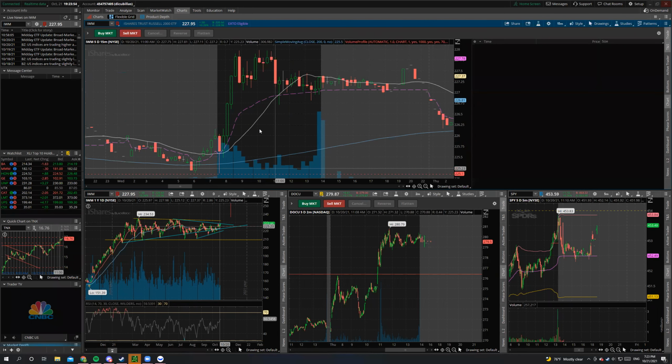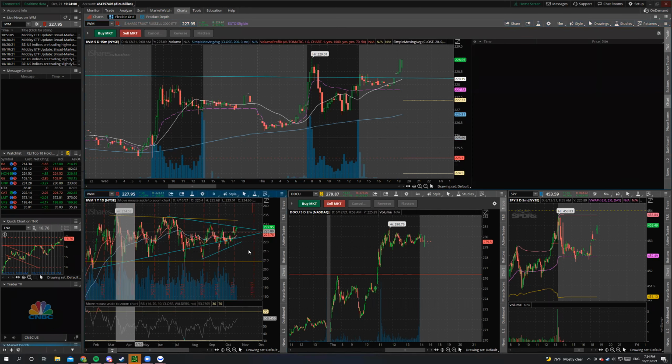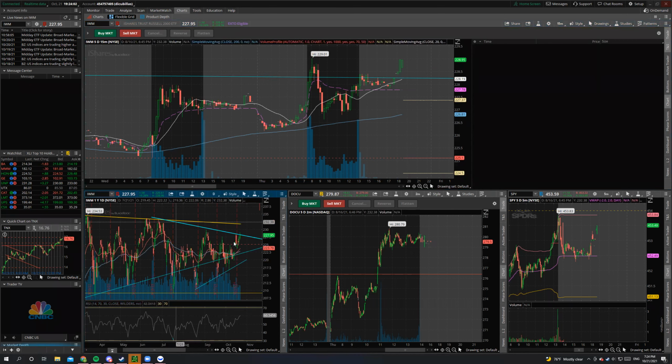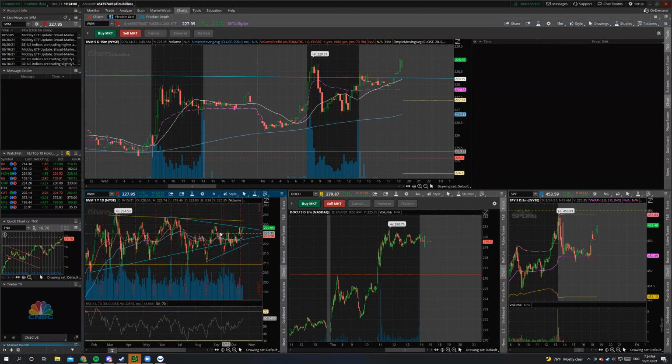I have a couple of moving averages, and I have a VWAP on this chart right here. On the bottom, I have the dailies, with a couple of moving averages and trend lines. I try to keep everything clean. Sometimes I draw resistances on everything, and then I delete them and make the chart a little cleaner, because my SPY chart used to be so cluttered I couldn't see anything.